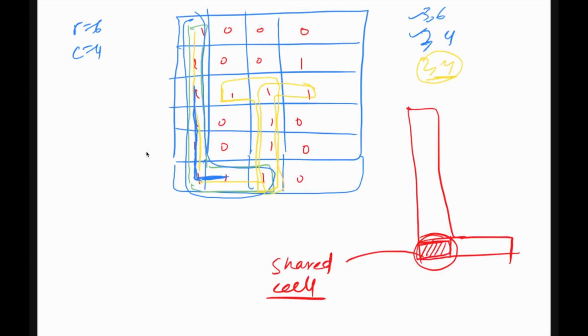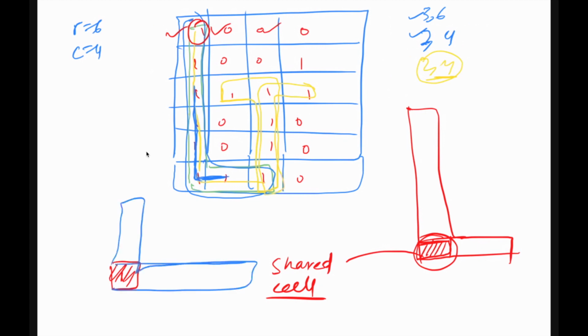Okay, so if this is a shared cell, each of the cells in this matrix which have a value 1 can be a shared cell. Suppose any cell in this matrix containing 1 is a shared cell, then we can have L shapes of this shape, this shape, this shape, and this shape also.